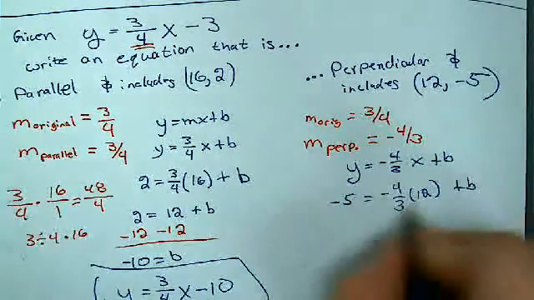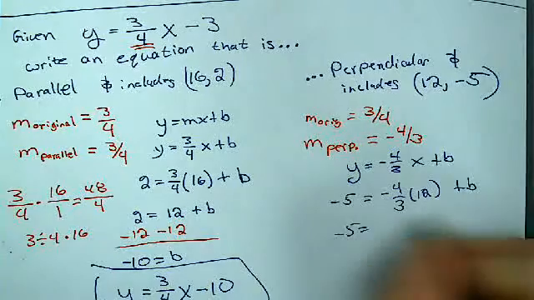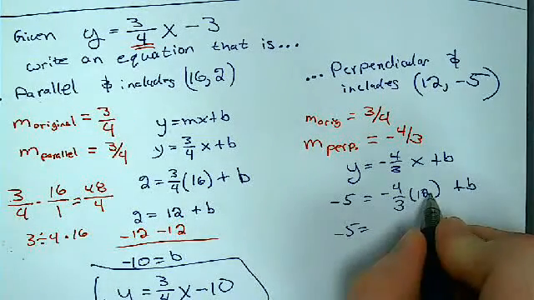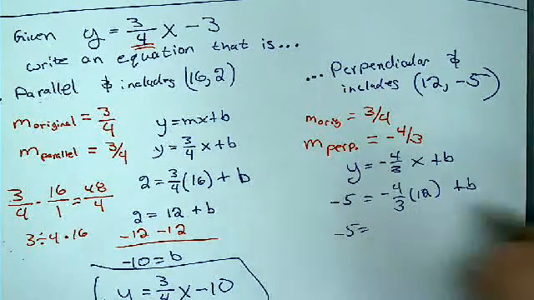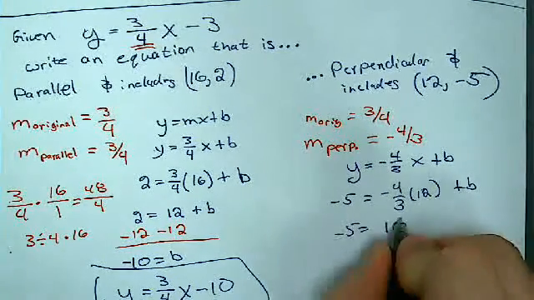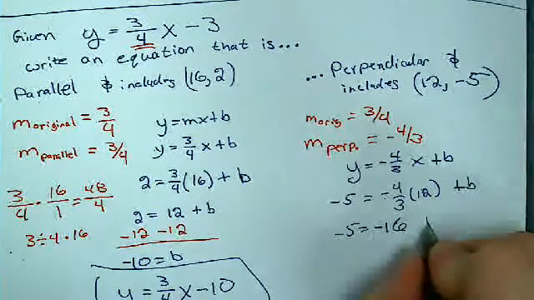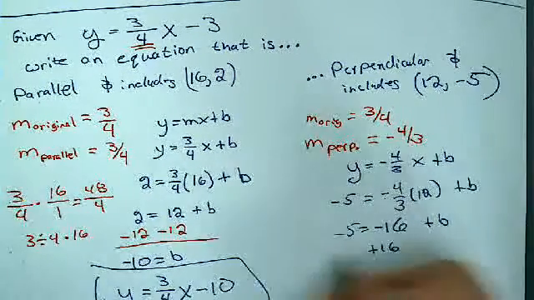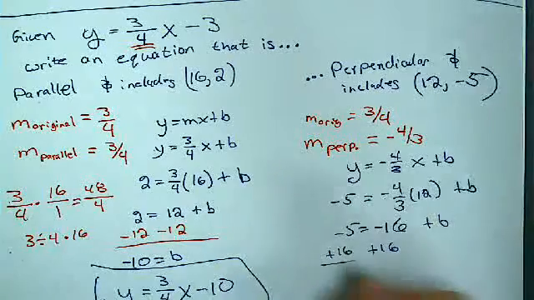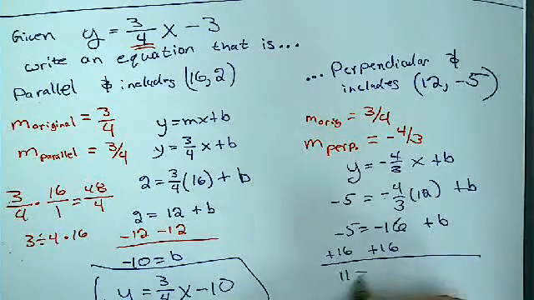Now I do the simplifying, so -5. 4 times 12 is 48, again, but now I'm dividing by 3. That gives me 16. And it's a negative. Add 16 to both sides. I get 11.